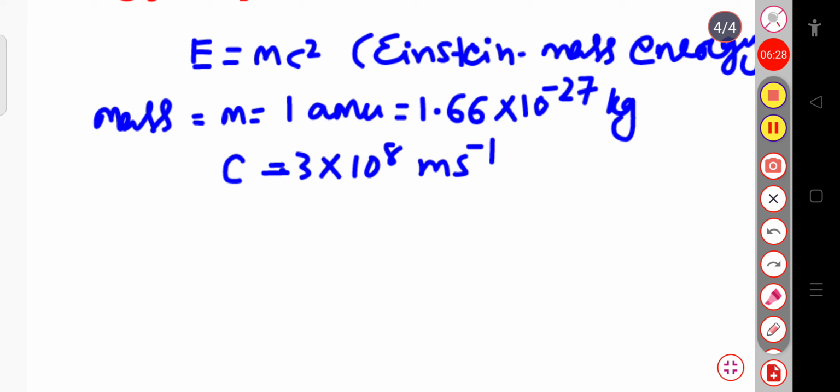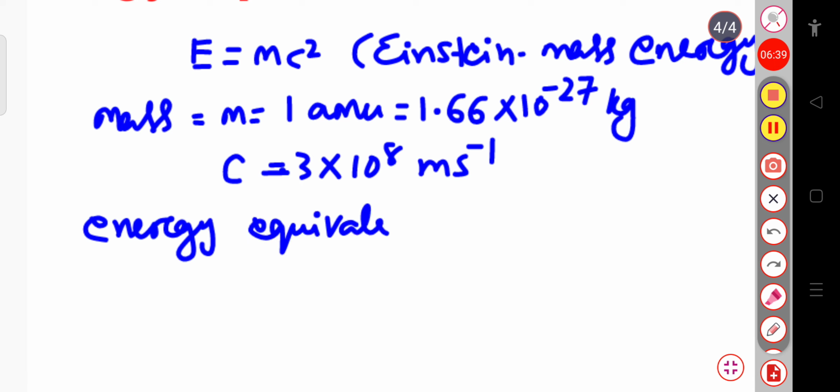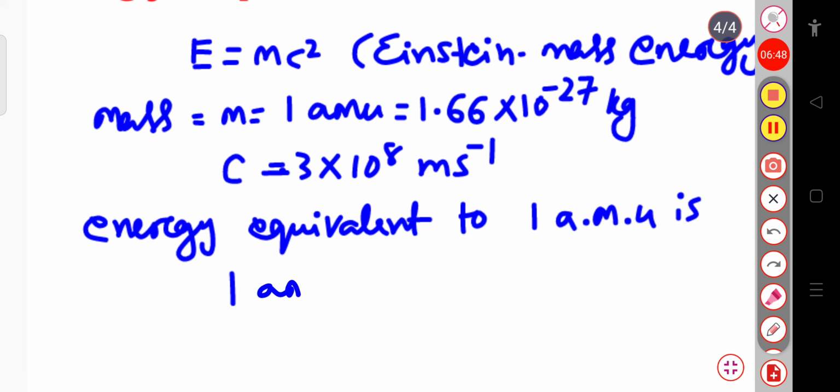Now from this relation we can write the energy equivalent to 1 AMU, that is 1 atomic mass unit, equal to mc square.